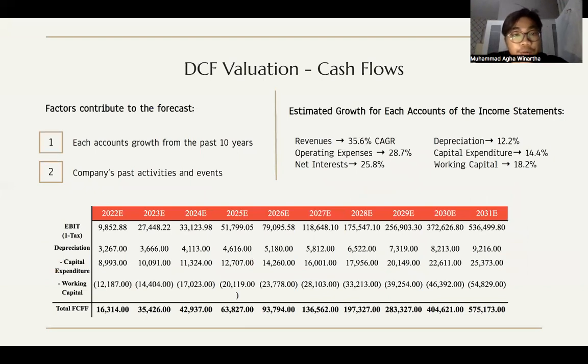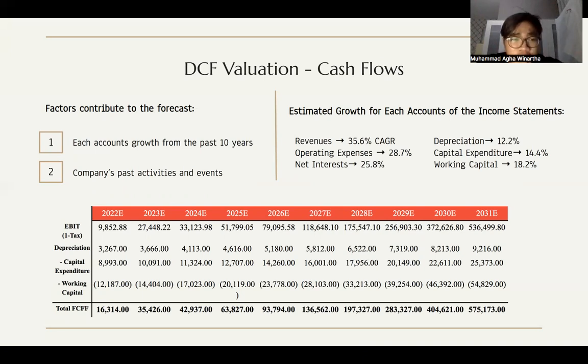So we're going to start with DCF valuation. The first thing to do when undertaking DCF valuation is estimating the income statements of the company. In this study, there are two main factors that contribute to the forecast. The first one is each account's growth from the past 10 years.